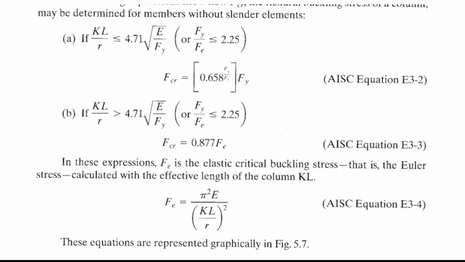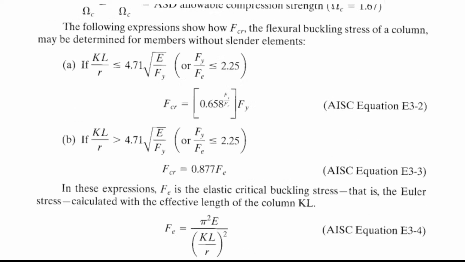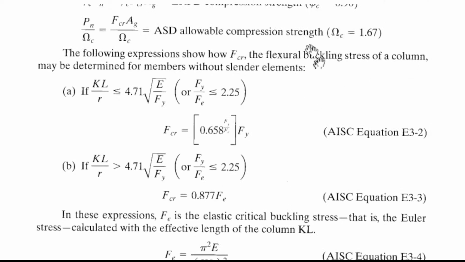Fe is the Euler's elastic critical buckling stress. Fcr is the flexural buckling stress. Here we only have to multiply Fy by 0.658 raised to the exponent Fy over Fe. What is this from last meeting?